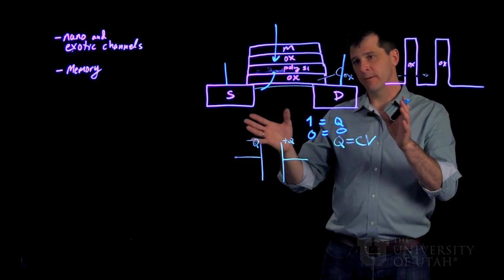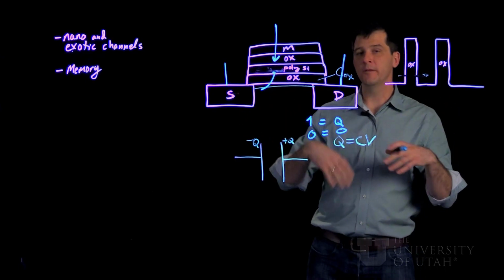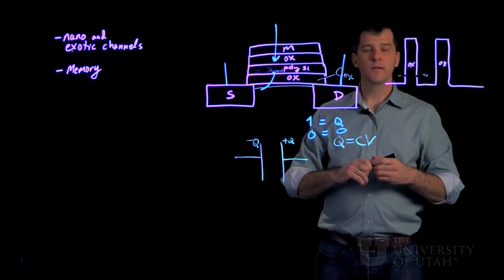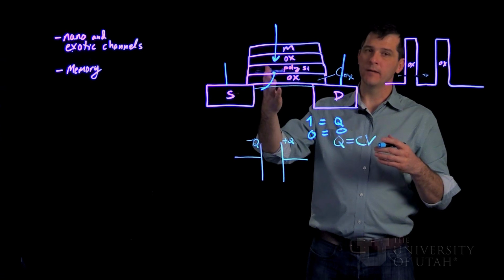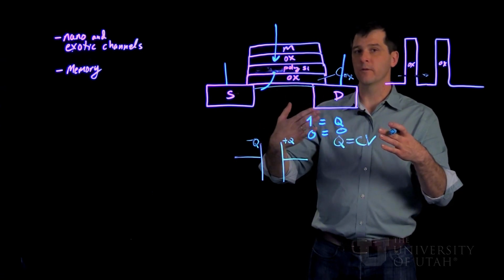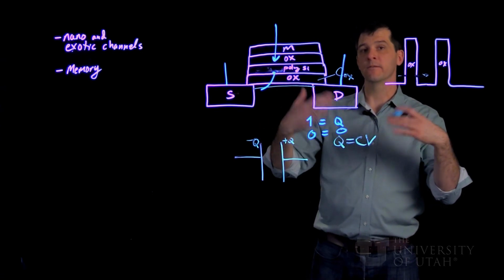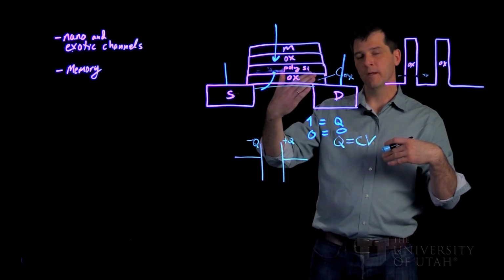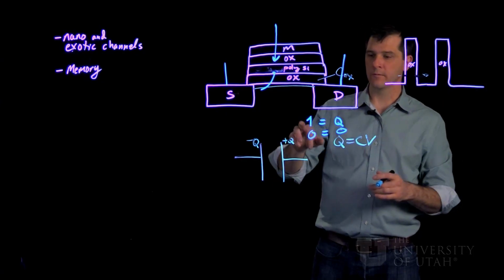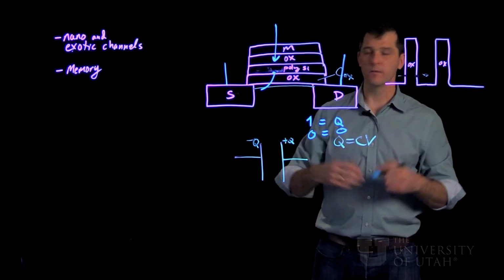Now, I did just say permanently. What I mean is permanently until you intentionally erase it again. You can drain the charge out of that by applying another sequence of voltages, perhaps at a slightly different level. So you have a write voltage and an erase voltage, which can switch your element between digital 1 and 0.